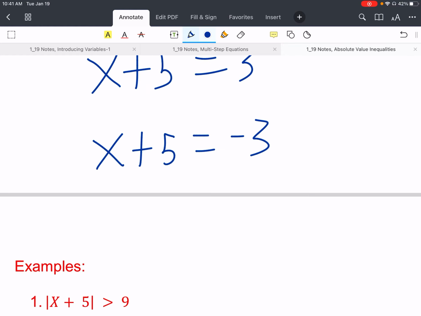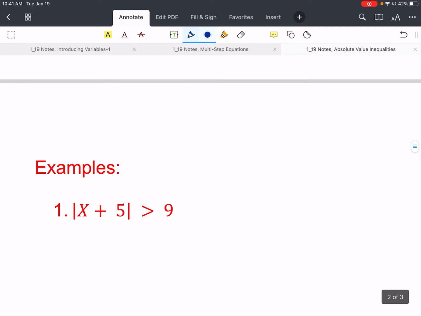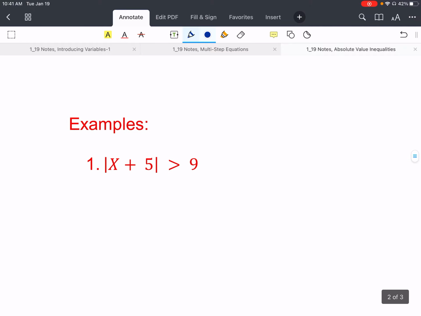As we get into our examples, it's a little different with inequalities. For number one, we have the absolute value of x plus 5 is greater than 9. When we want a positive and a negative version, there are a couple different ways to do it. For the positive version, it's very simple.